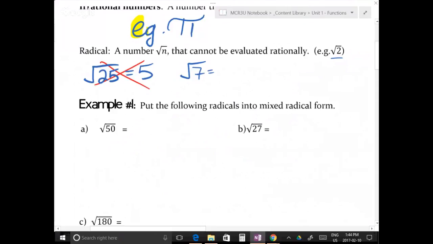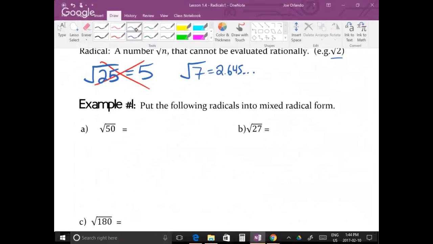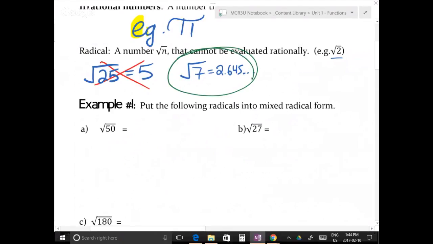Yeah. 2.645, and it keeps going and going and going. Your calculator will only take it so far, but if you put a supercomputer on the job, we would see that this just goes on and on. The square root of 7 is a radical. It's an irrational number. You can't express it just as a fraction.